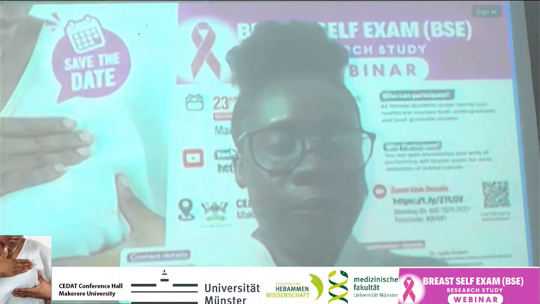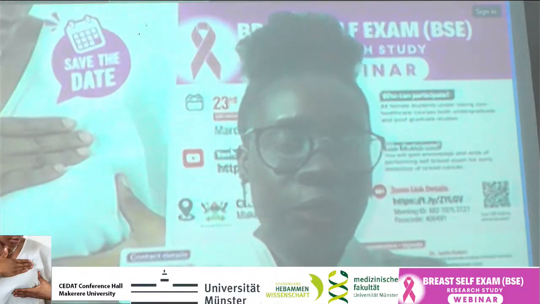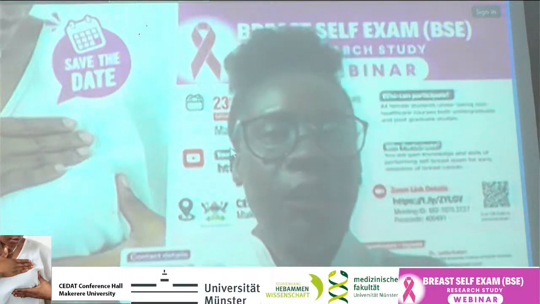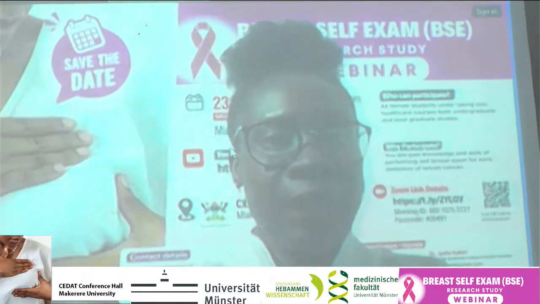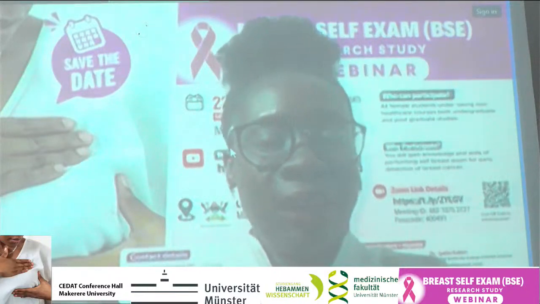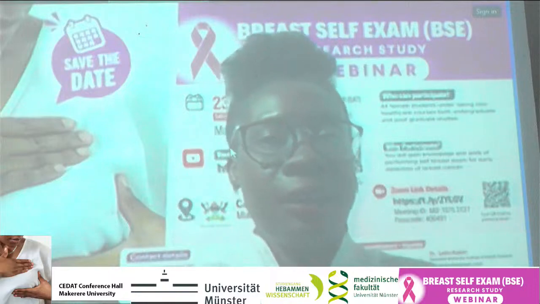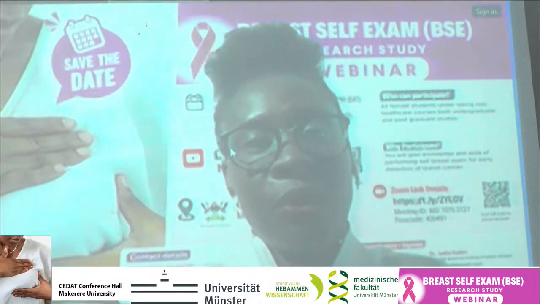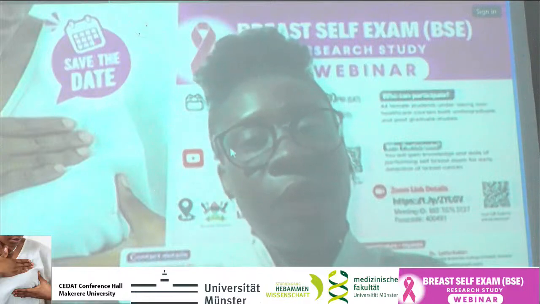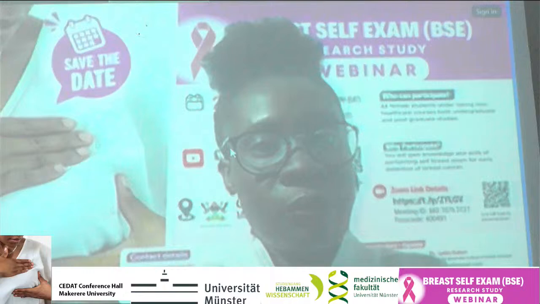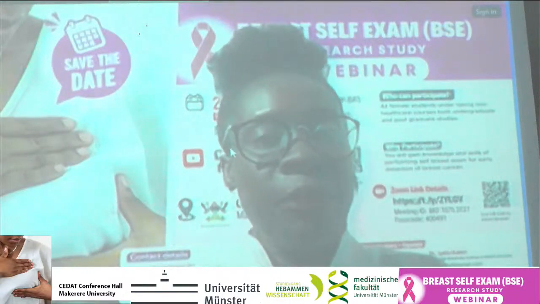Okay, firstly, regarding the question about blisters under the breast, like we mentioned, if anything is observed during the inspection part, that there are changes in the skin color, texture, and contour, it has to be regarded as abnormal. That's why you have to immediately seek help from your healthcare provider, your doctor.